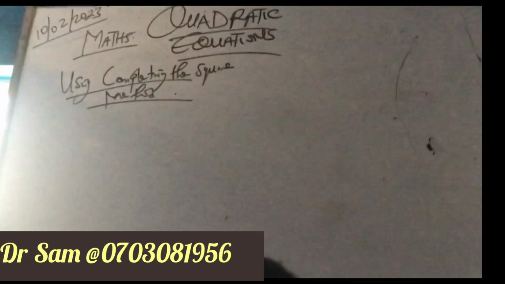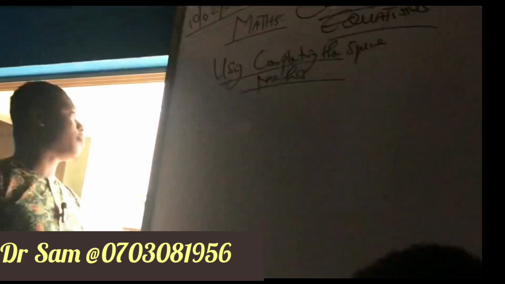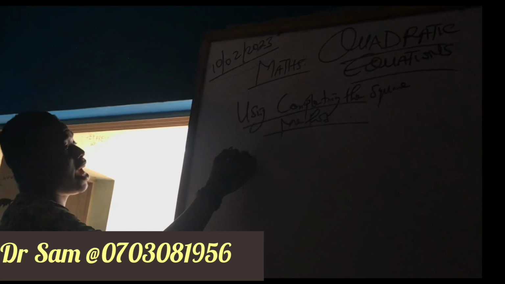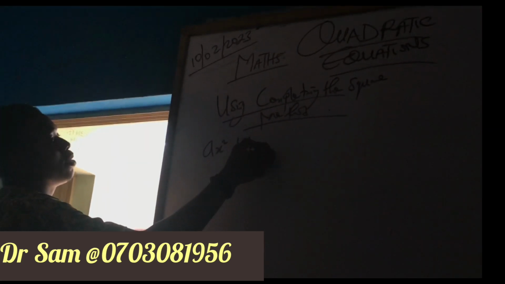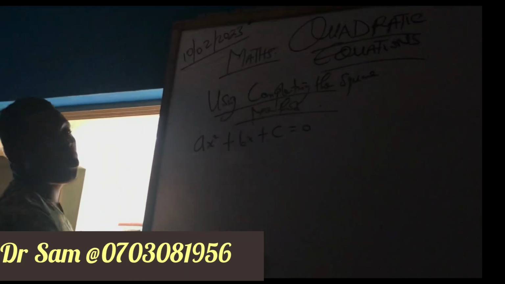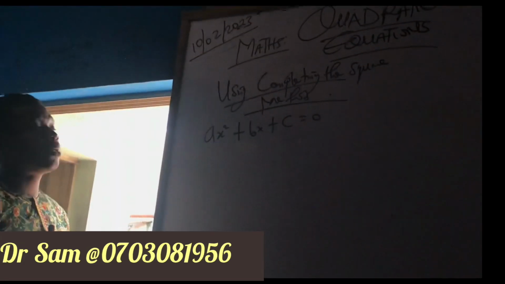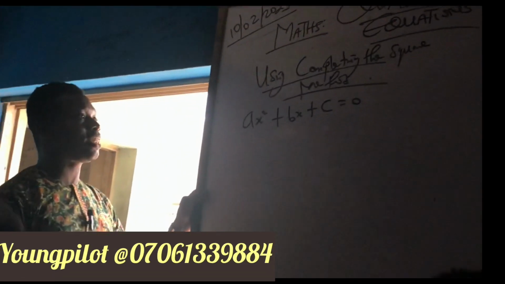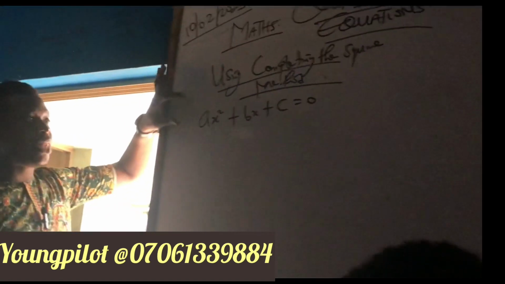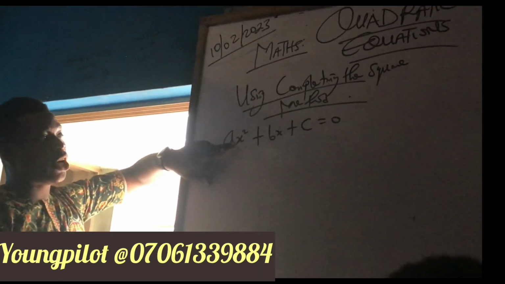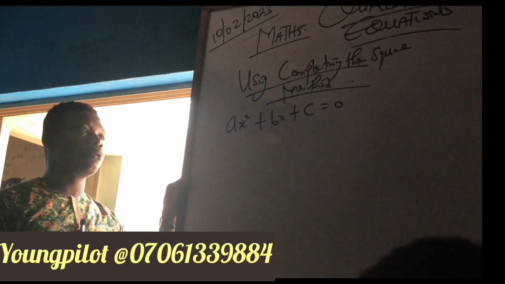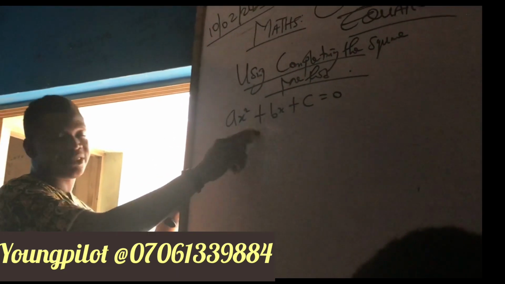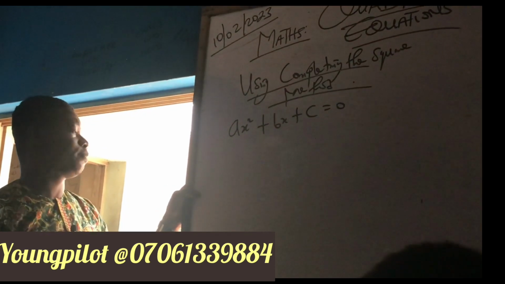I want to apply this method on the standard form of the quadratic equation, which is ax squared plus bx plus c equals 0. This is the standard form of your quadratic equation. There must be the highest power of 2 on the unknown variable. a, b, and c are real numbers, but x is a variable.